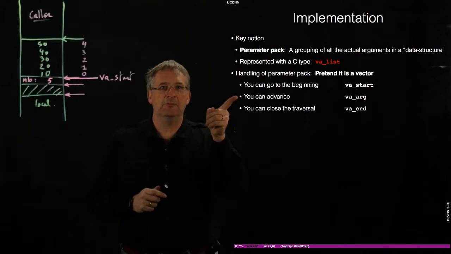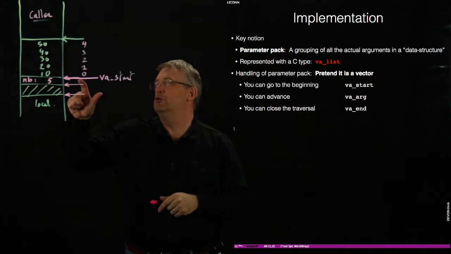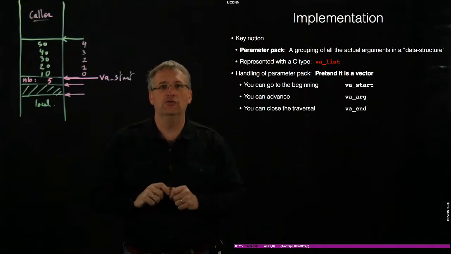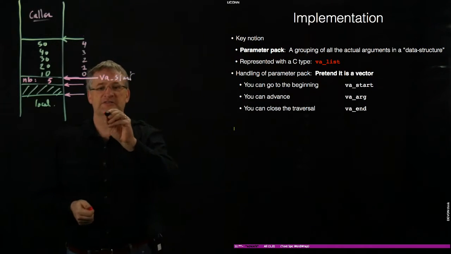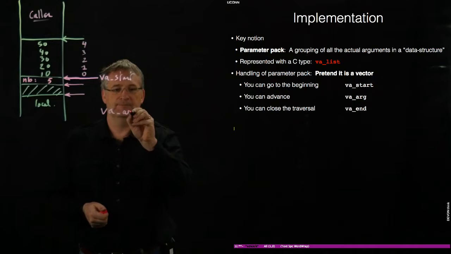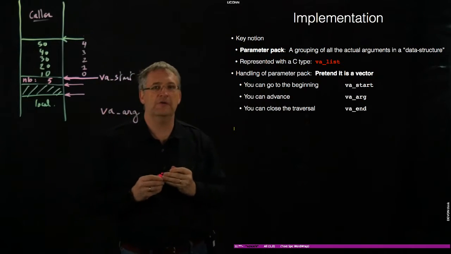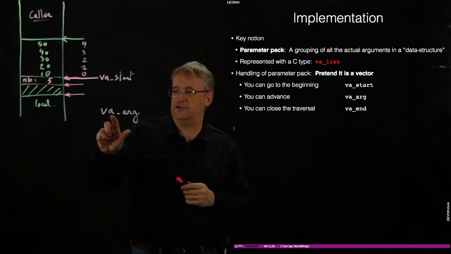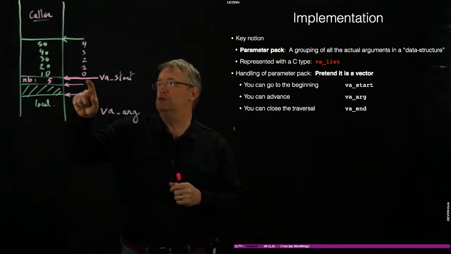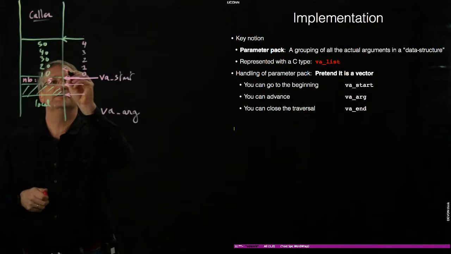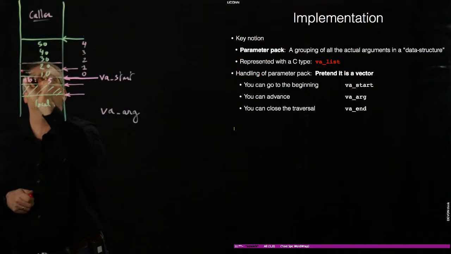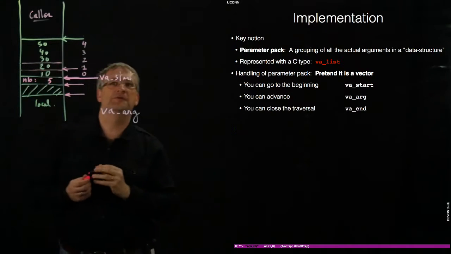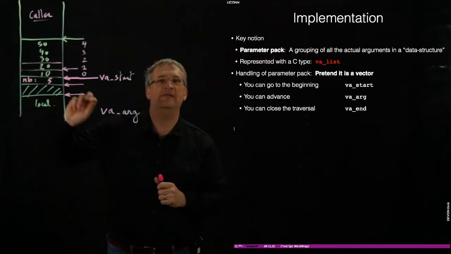Then in my parameter pack, I can advance and use that pointer and move it to the next element inside the parameter pack. And that is done with va_arg, right? va_arg, variable argument list arg, allows me to take that pointer and get the address of the next one, which is, of course, this block where the value 20 is located.